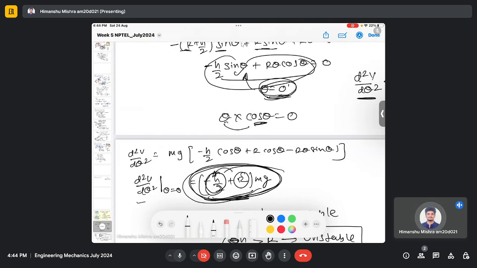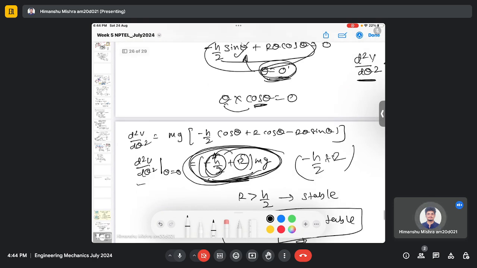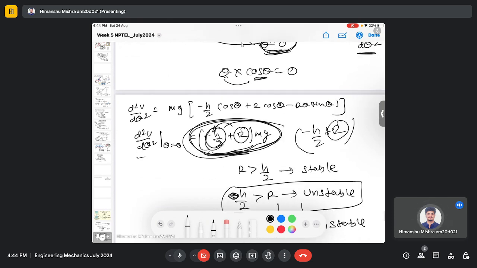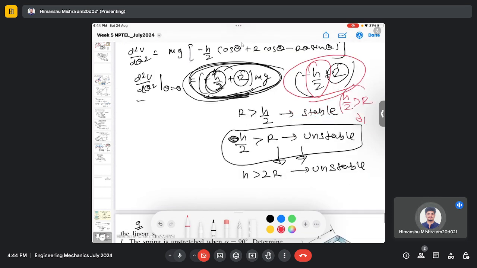At the equilibrium position, we got the relation minus h by 2 plus r and some constant mg. We saw that if this positive quantity r is greater than h by 2, then the system is stable because the whole quantity will be positive. And if this negative quantity is greater than r, then this whole quantity is negative, which means the system is unstable. And this is exactly the thing we need to prove.